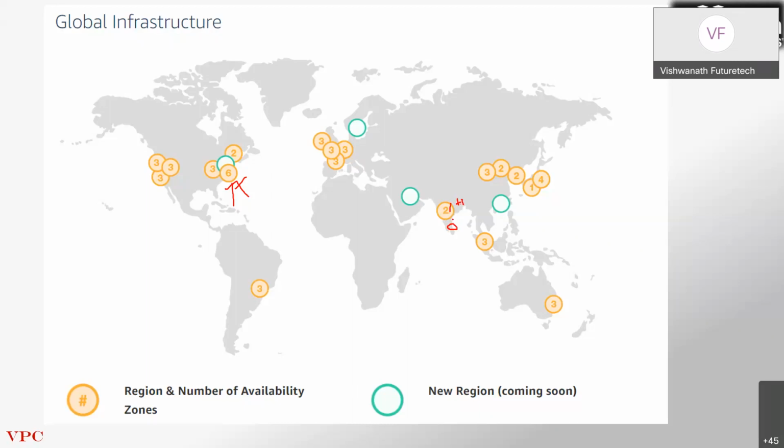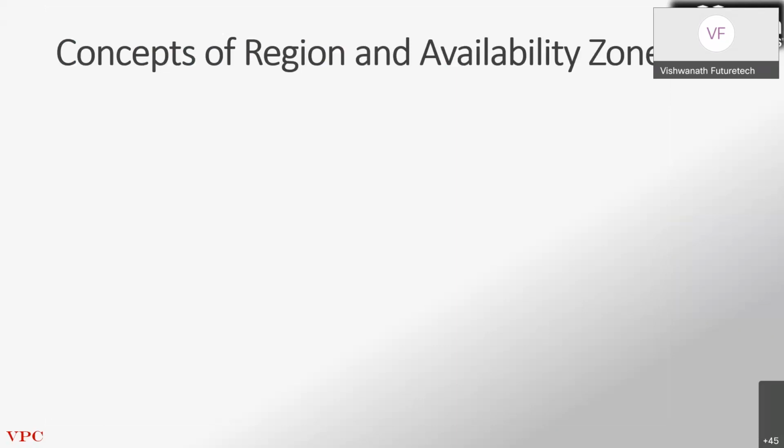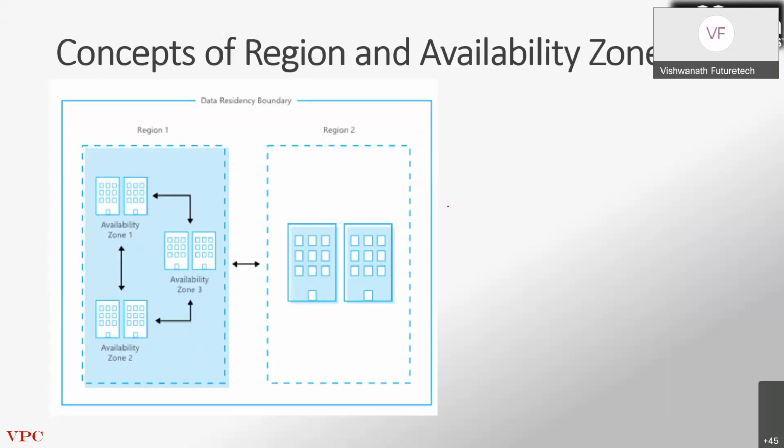How is this region and availability zones linked together? This is how they are linked. This is a region, if you see, and this region has 3 availability zones: 1, 2, 3. Here, if you see, these 3 availability zones are interconnected.